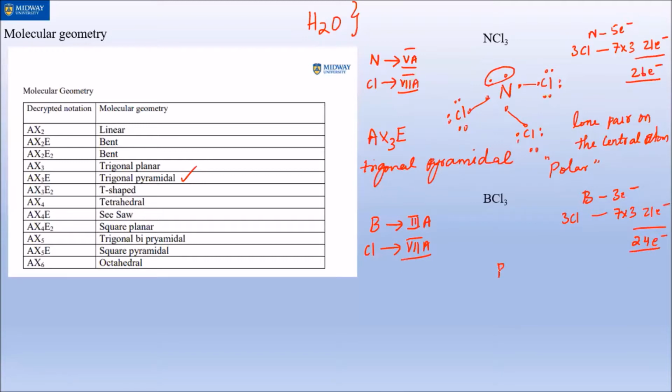So we'll go ahead and put the boron with its 3 electrons around it and start positioning your chlorines where the 3 electrons are located, and use 1 electron on each chlorine to pair with 1 electron on the boron, which means we are left with 3 pairs on each chlorine.